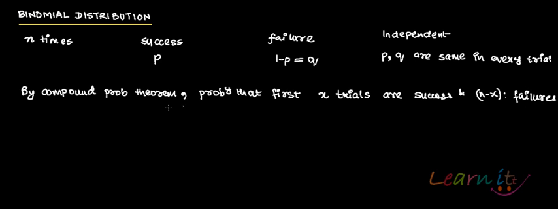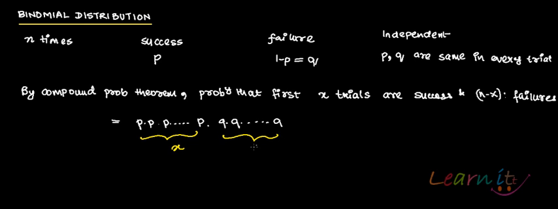Since all of these events are independent, suppose you toss a coin, you get head, and that head has a probability P. You go on repeating this till X trials, and the first X trials are the success, and for the remaining N minus X trials, failure is happening.